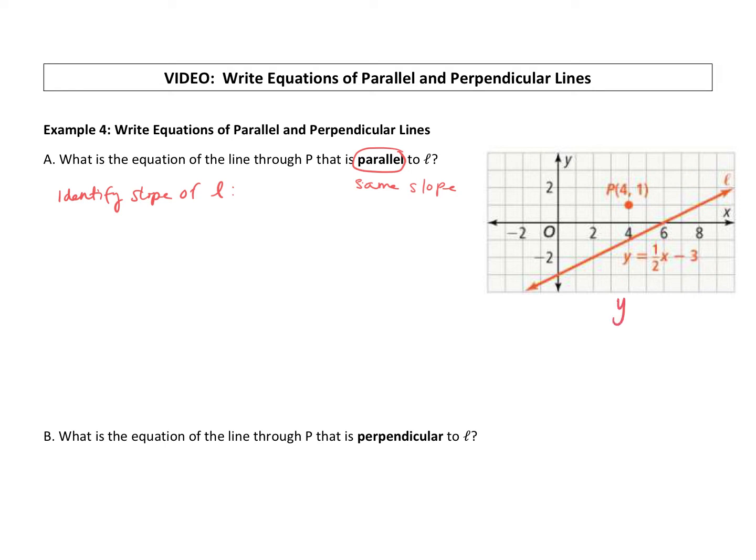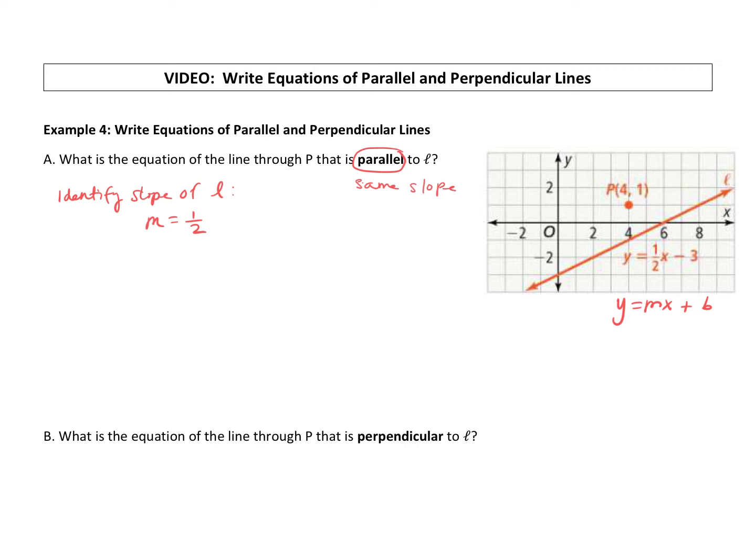Slope-intercept form is y equals mx plus b, and the slope is going to be whatever number is in front of your x. That's where the m is in mx plus b. So we can see that the slope of line L is equal to 1/2. The line parallel to L will have the same slope, so we're going to use a slope of 1/2.